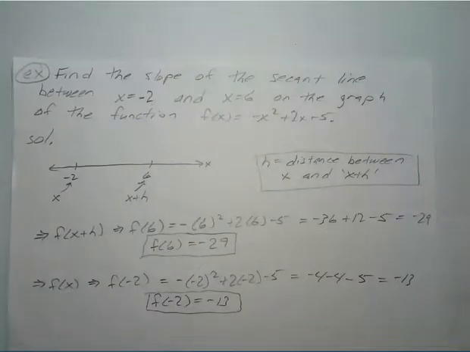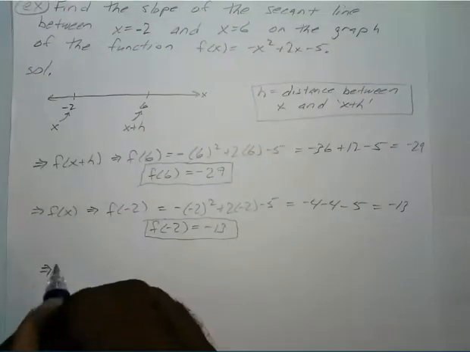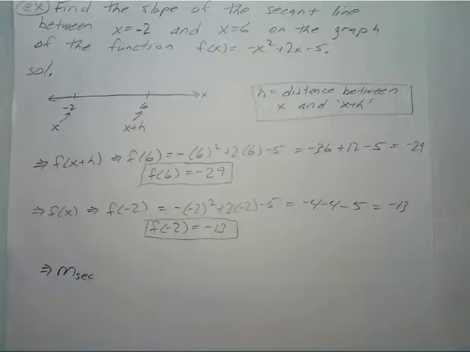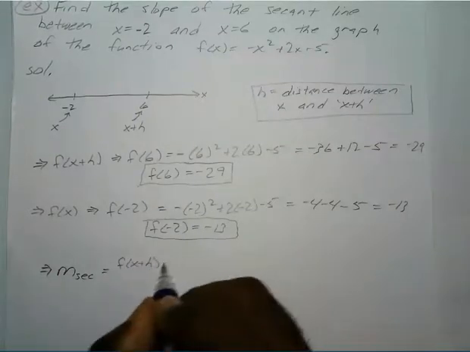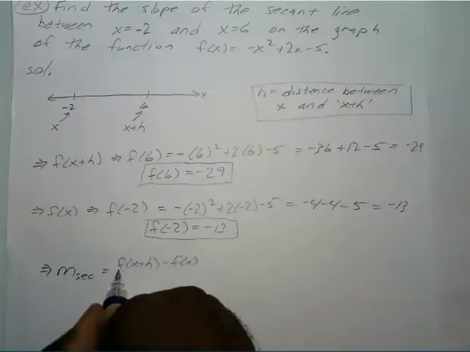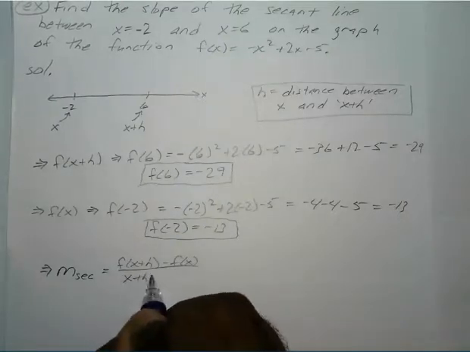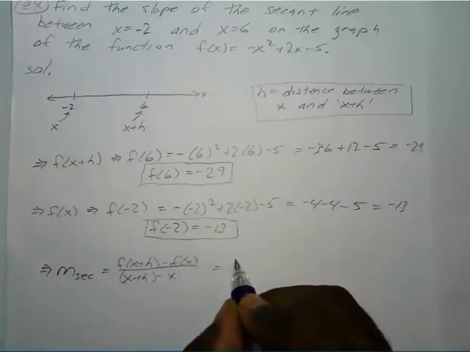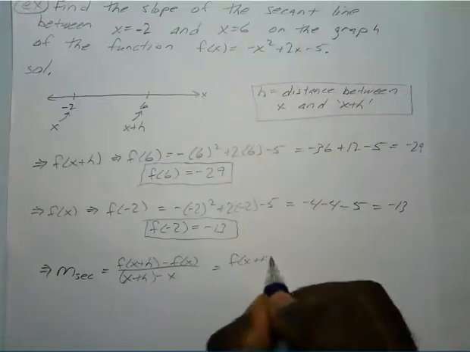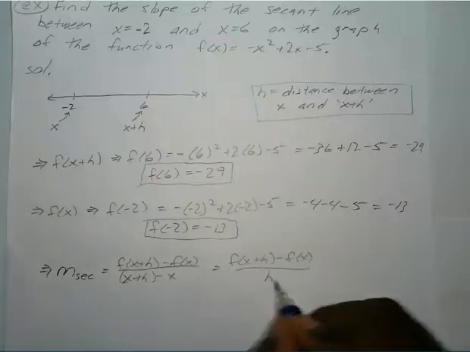Okay, so we know our x plus h, f of x plus h, and f of x. That's all we need. So now, to find the slope of the secant line, we use the formula that we had earlier. So we have f of x plus h minus f of x all over x plus h minus x, or remember that's the same as just h, since the x's cancel out.